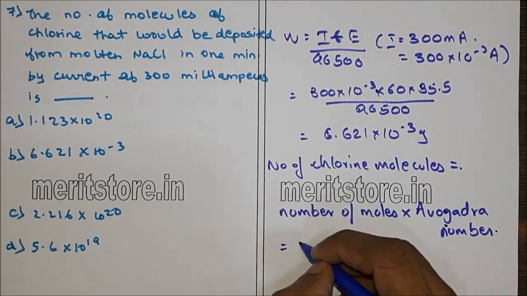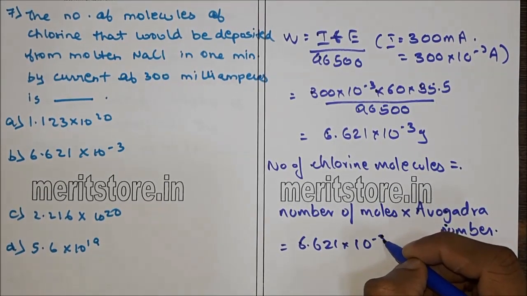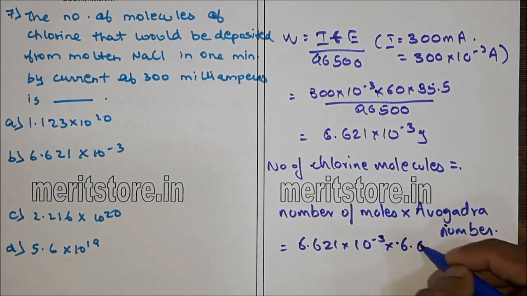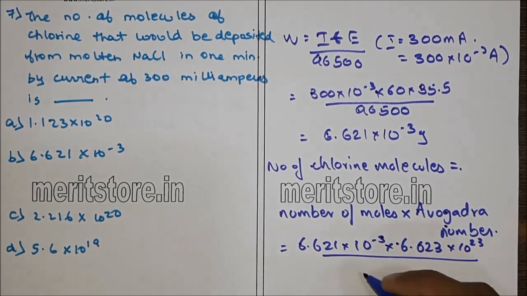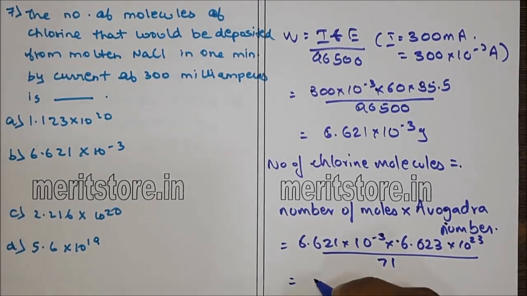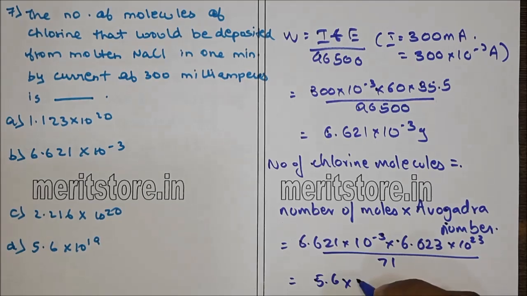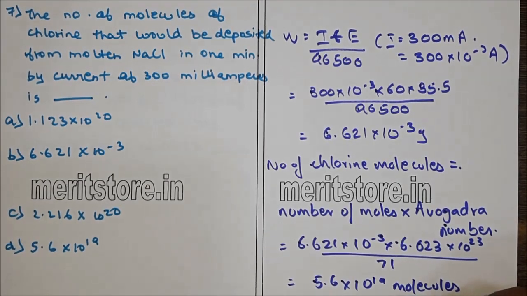Which is equal to, we solve this, we get 6.621 into 10 raised to minus 3 into 6.023 into 10 raised to 23 upon 71. When we solve this, we get 5.6 into 10 raised to 19 molecules, which is, we see our answer matches with option D. Therefore, option D is the correct answer.